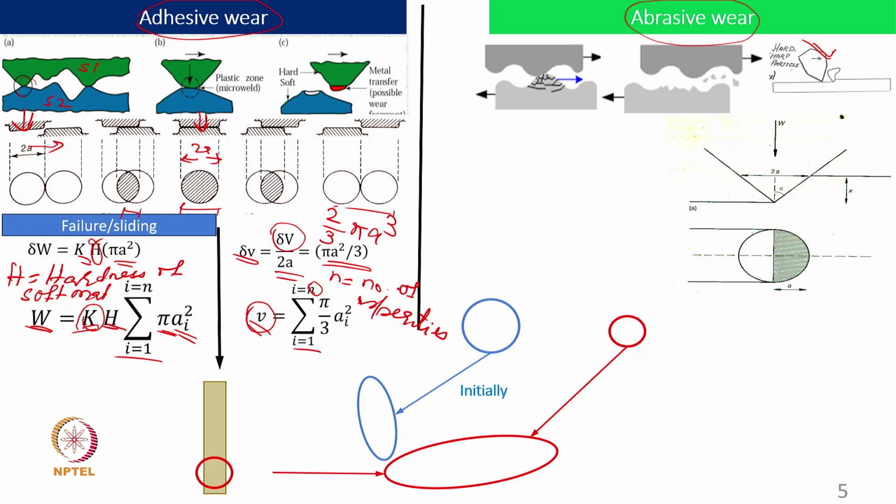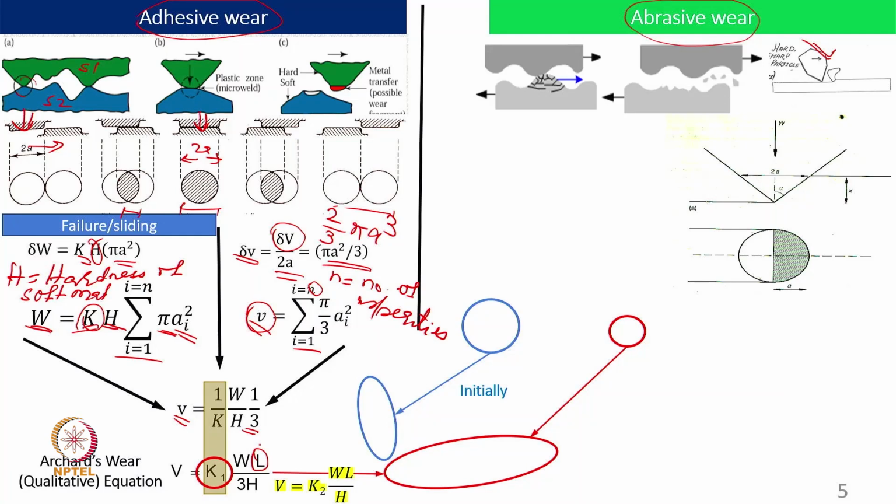So this is the beauty, we can substitute from one to other, and we can say wear volume can be given by this relation, with W by H, and also 1 by k, and here the 3 is also coming.